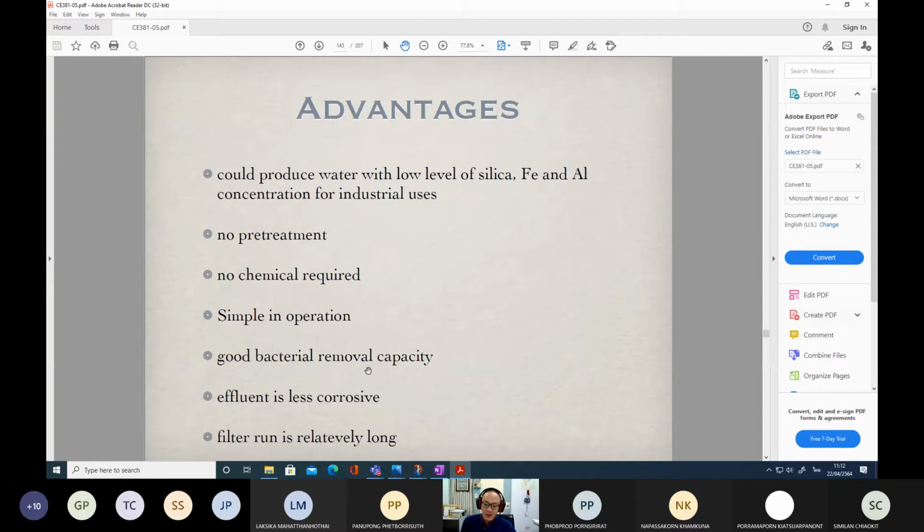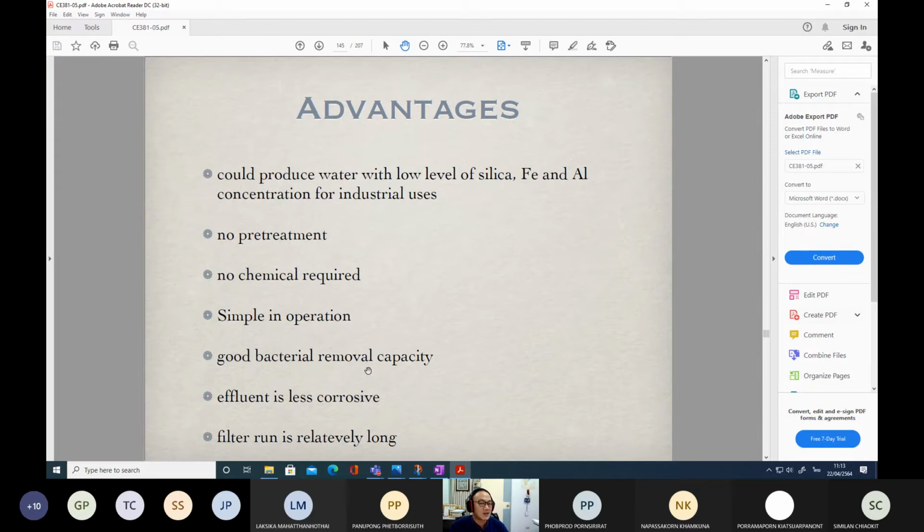Even though the filtration rate is very low, there are still some advantages to using this slow sand filter. The slow sand filter can produce water with low levels of silica, iron, and aluminum concentrations from the industry used.